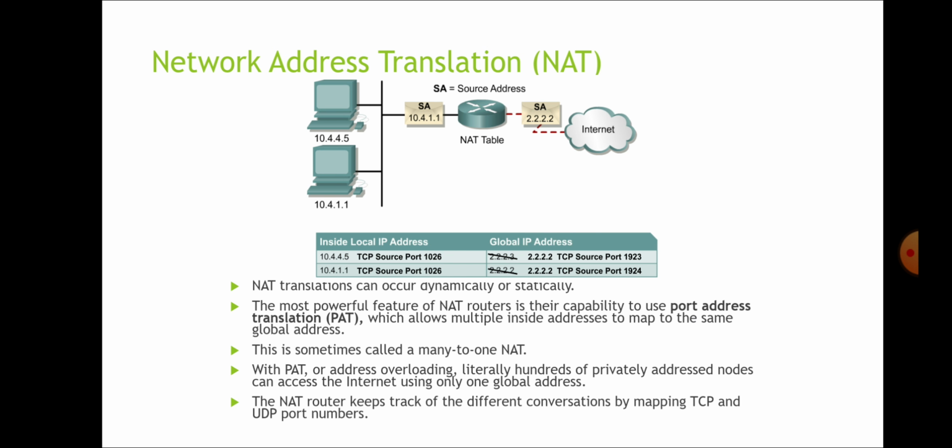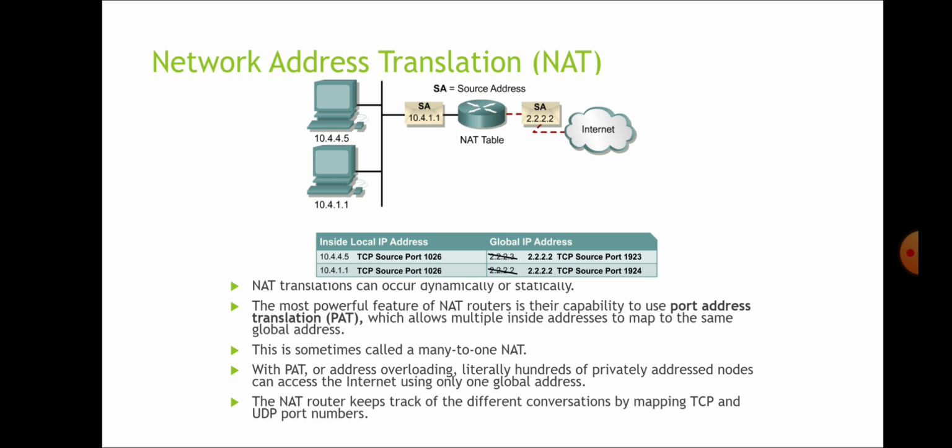The NAT translation can occur dynamically or statically. Okay, they can swap the IP addresses dynamically, or it can be done statically. The most powerful feature of a NAT router is its capability to use port address translation, which allows multiple inside addresses to map to some global addresses.